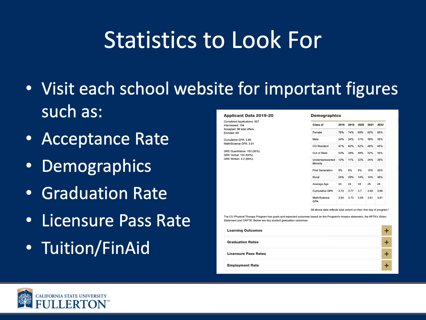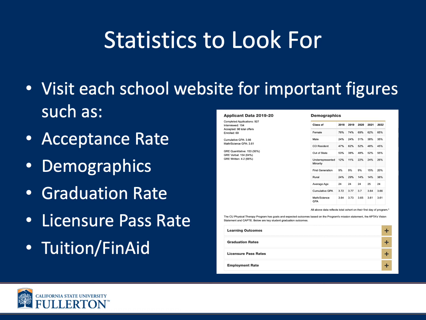Now, if you're searching the PTCAS directory and you find a couple of schools that catch your eye or you feel like you might be a good fit, the next step would be to go to their individual websites and look for some key facts or statistics that might help you in your decision. Some of these important figures include the acceptance rate, how selective is their process, what are their demographics, how many males to females, what is the nationality and ethnicity breakdown, how much do they include various groups of students, of citizens, what is their graduation rate?